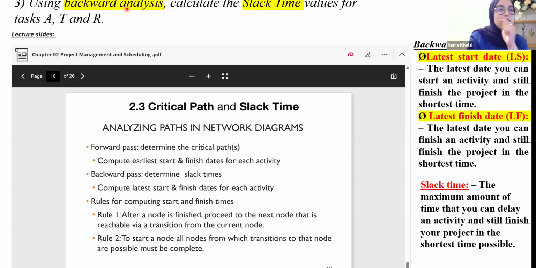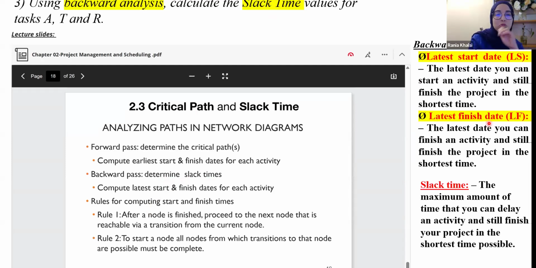So let's do it. But before, we need some background. So backward analysis, what is it? The backward pass or analysis is done in order to determine the slack time. This is what we are asked to do in the question. For this, we use the latest start date and the latest finish date.